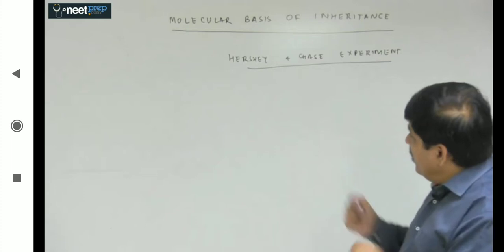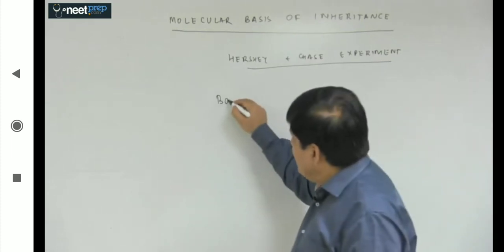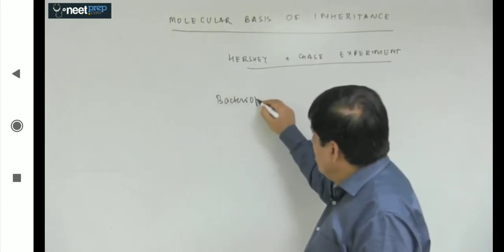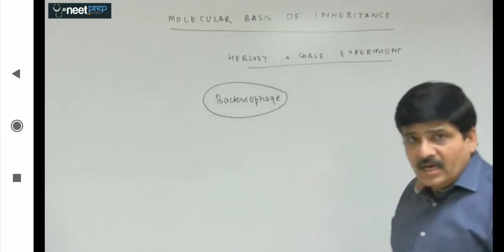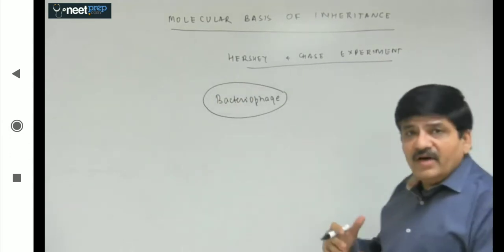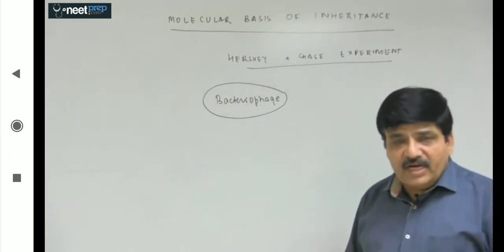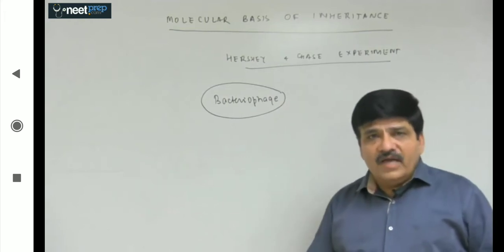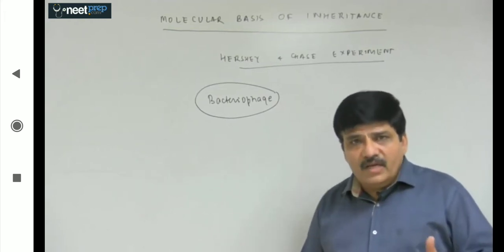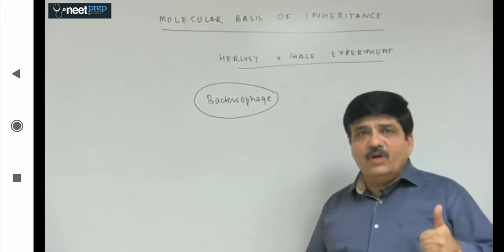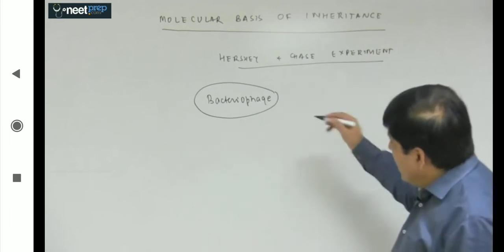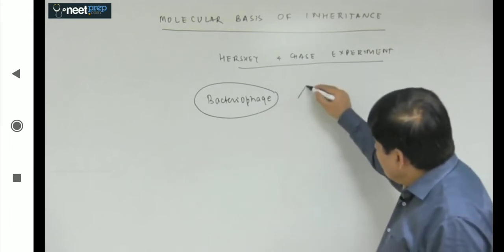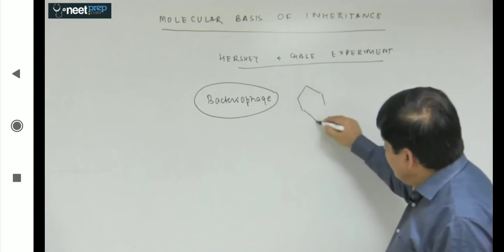They worked with what is called a bacteriophage. We know that bacteriophages are the viruses that infect bacteria, and we know that viruses are nucleocapsids. That means the two components of the virion or virus particle are a protein coat that is called the capsid, and a core which contains the genetic material. In bacteriophage, the genetic material is double-stranded DNA.